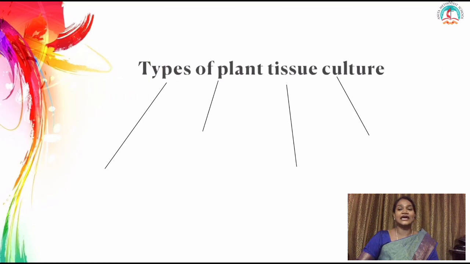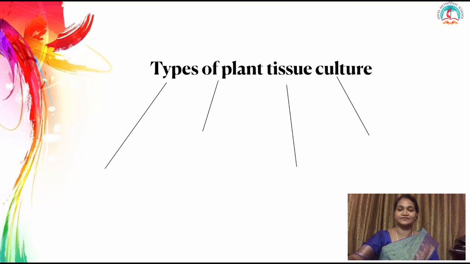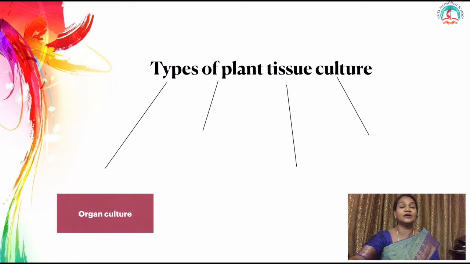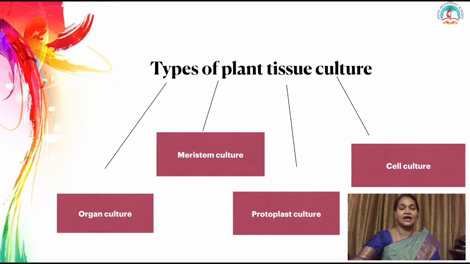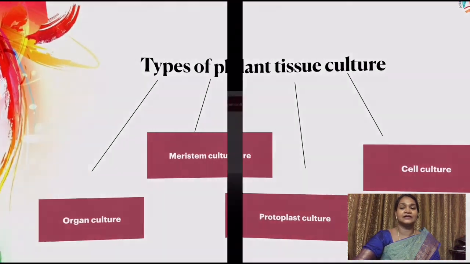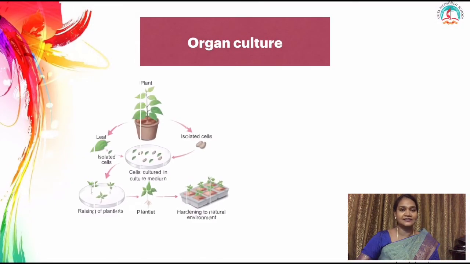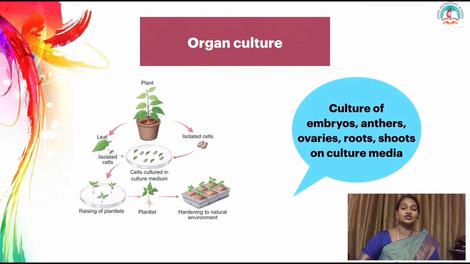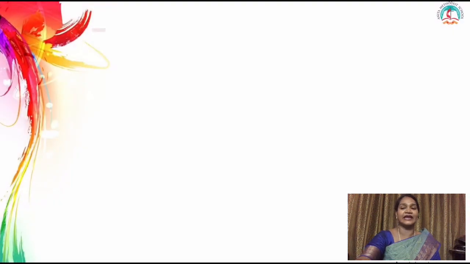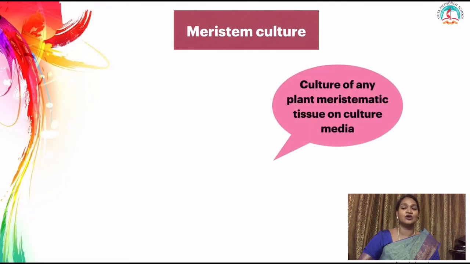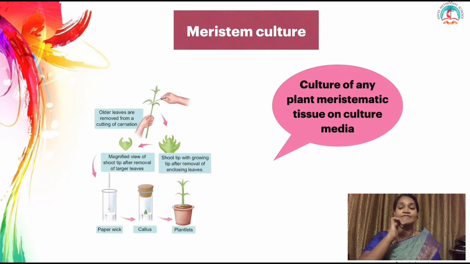Let's look at the types of plant tissue culture. There are 4 types: organ culture, meristem culture, protoplast culture and cell culture. Under organ culture, the culture of embryo, anthers, ovaries, root and shoot on the culture media occurs. In meristem culture, any plant meristematic tissue is cultured on the culture media. What are meristematic tissues? The young tissues.